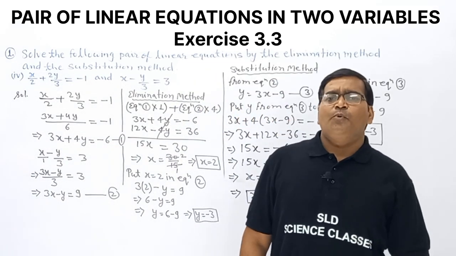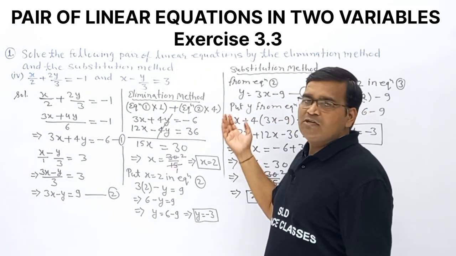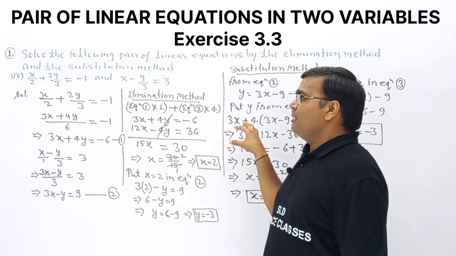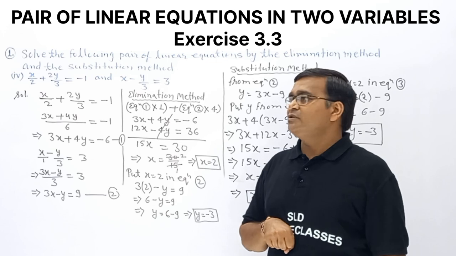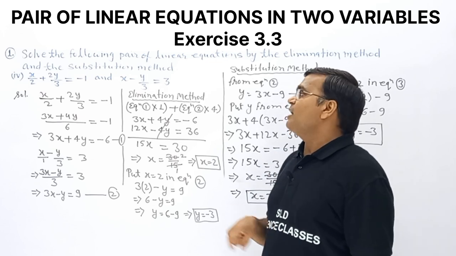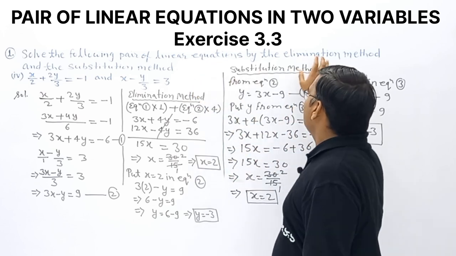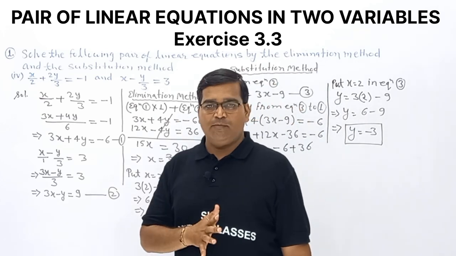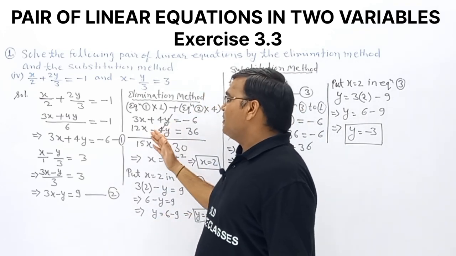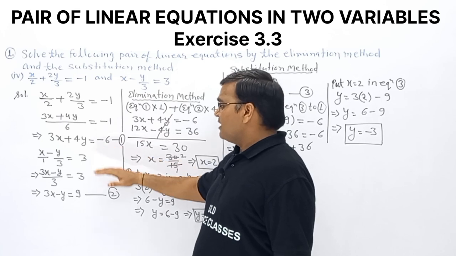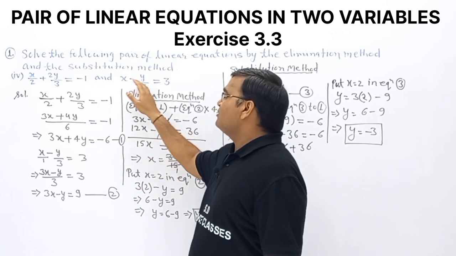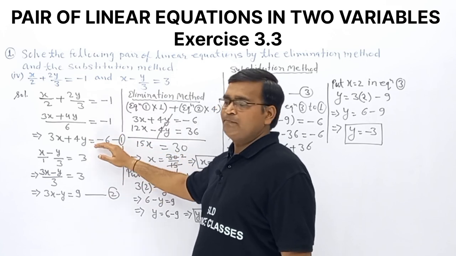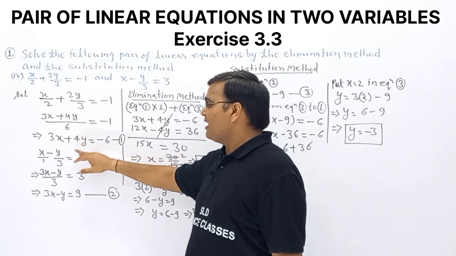Observe the simple process. In exercise 3.2, we used the substitution method. Again we are following the same method in this exercise 3.3, and also we are using a new method, the elimination method. In the elimination method, we will eliminate one variable. So how will we eliminate? For equation 1 and equation 2, first we converted these linear equations of two variables into the general form. Now we want to eliminate the y term.